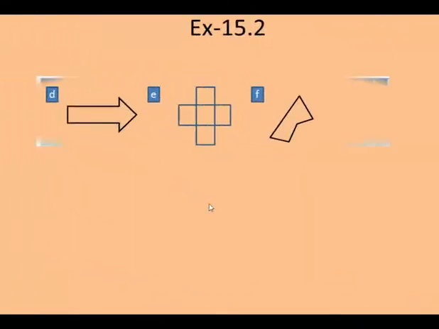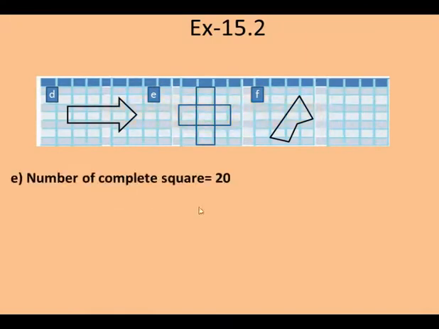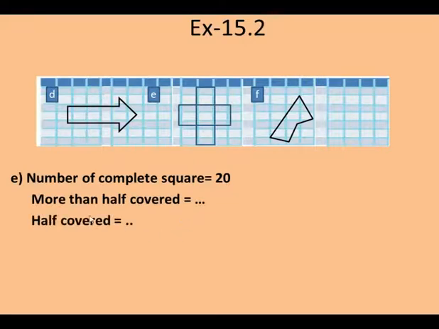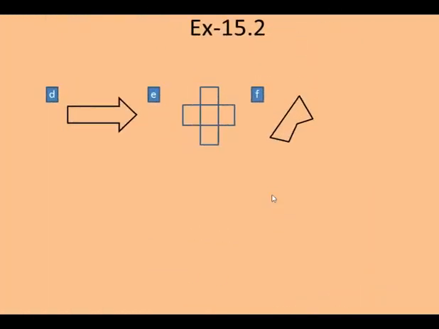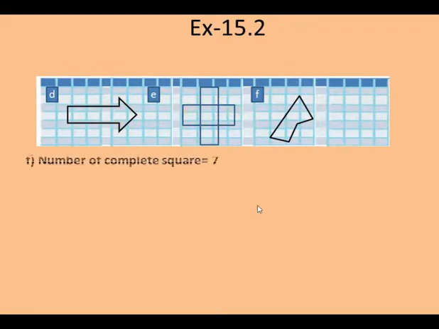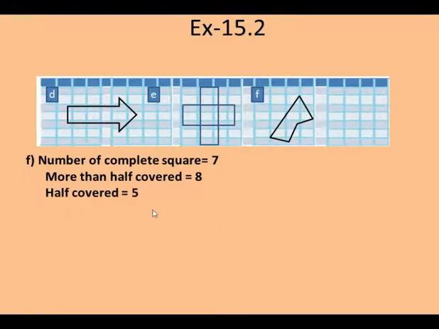Then we are having figure E. Number of complete squares 20. More than half covered not available, half covered are not here. So total area is 20 square units. In the same way F part, number of complete squares 7, more than half covered 8, and half covered 5.